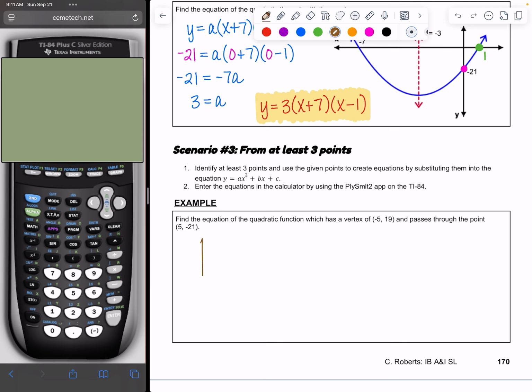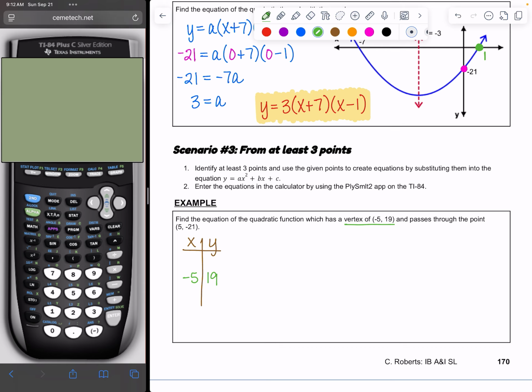Okay. So if I make a table of these values, I'm going to place my vertex in the center because I know that around the vertex, I should have repeating y values. So I'm going to have -5 and 19 here in the middle because I know that's going to either be the highest or the lowest point. All right.